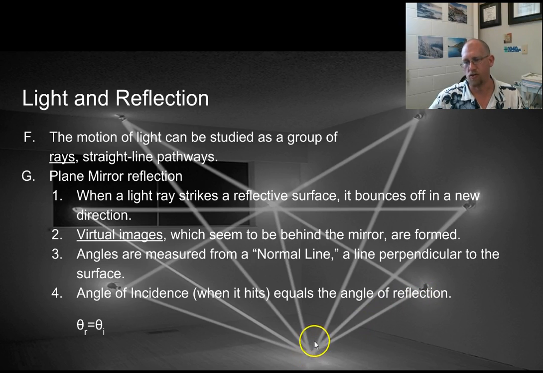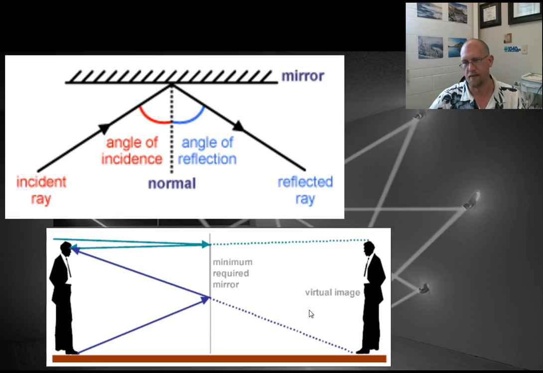And if we were to measure from a perpendicular line, hard to draw a perpendicular line, but if you had a perpendicular line here, the angle that was formed here would be the same as the angle that's formed here, right? Theta reflection equals theta incident. Here's another diagram of that. The incident ray comes in, here's a mirror, here's my normal line. The angle of incidence equals the angle of reflection. So it bounces off and is the same angle on both sides.